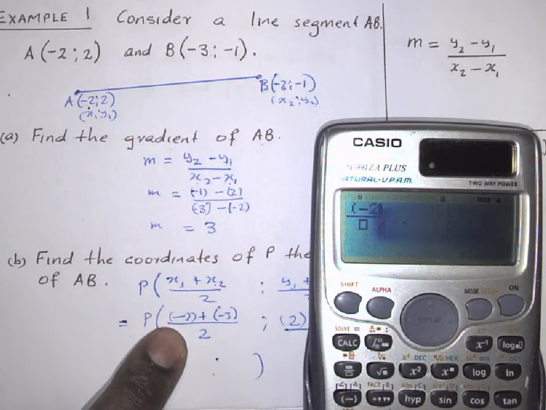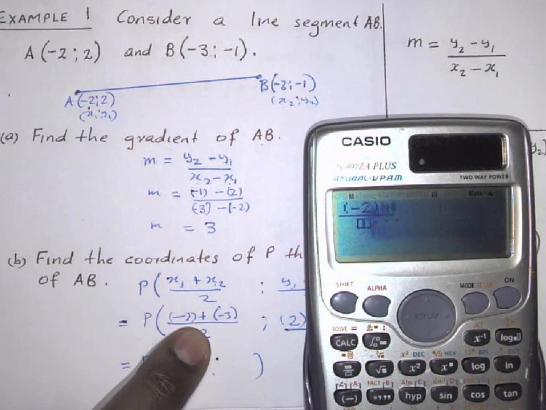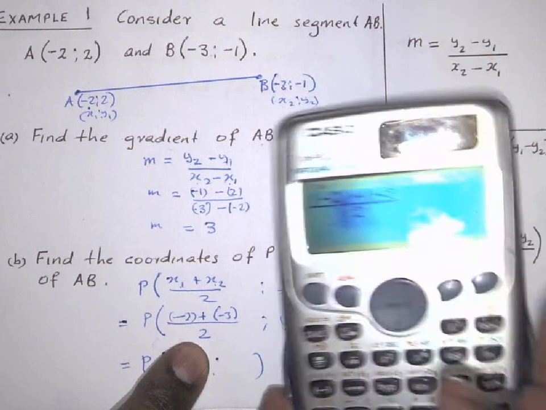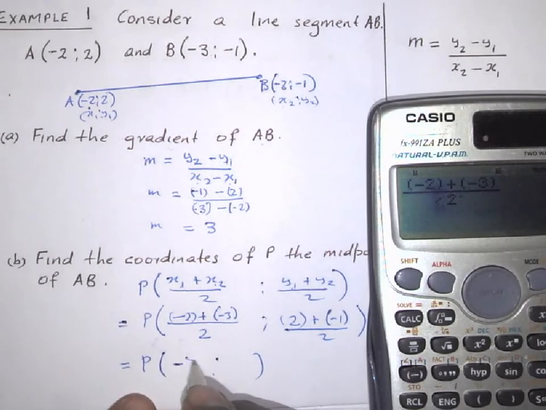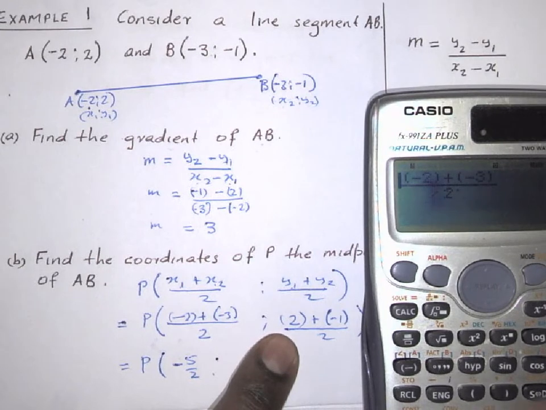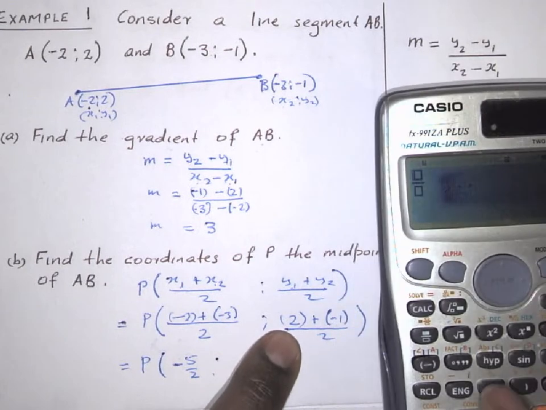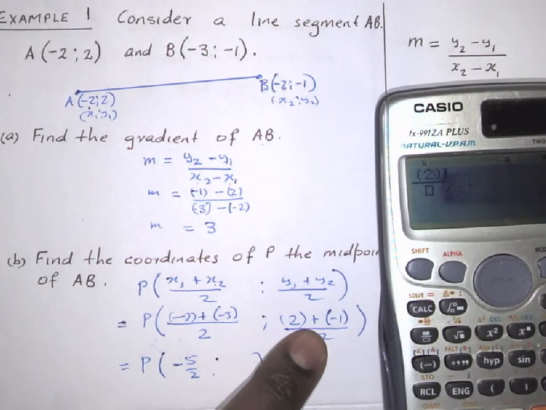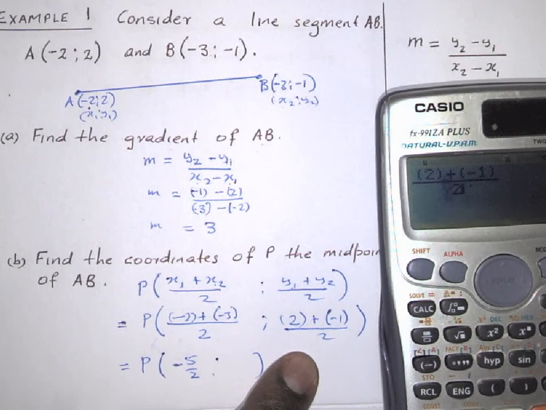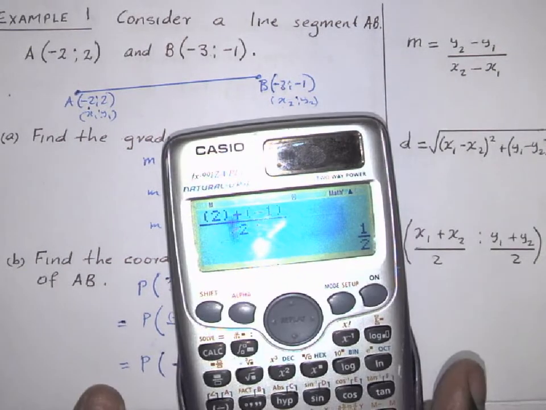And then the y value: 2 plus minus 1, then over 2. Obviously you can do this without a calculator, but for those who always make mistakes, it's better that you just use your calculator so that you don't lose marks. So this one here is done. Let's look at another example.